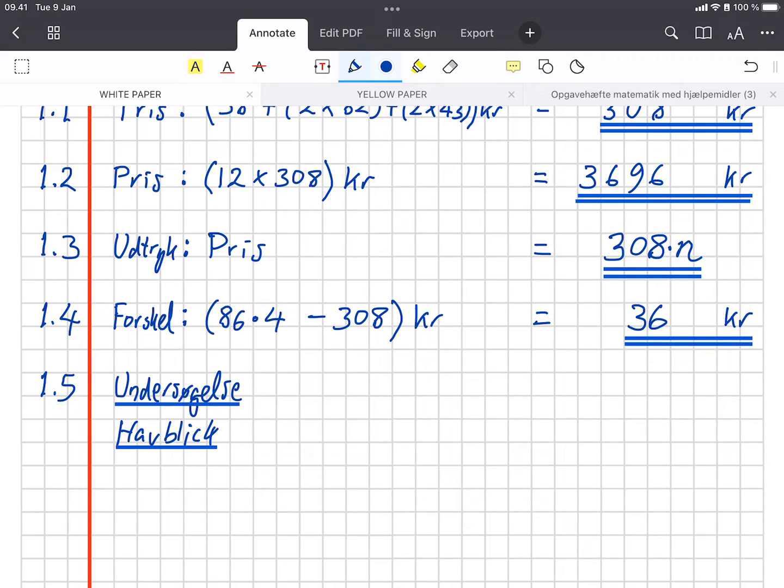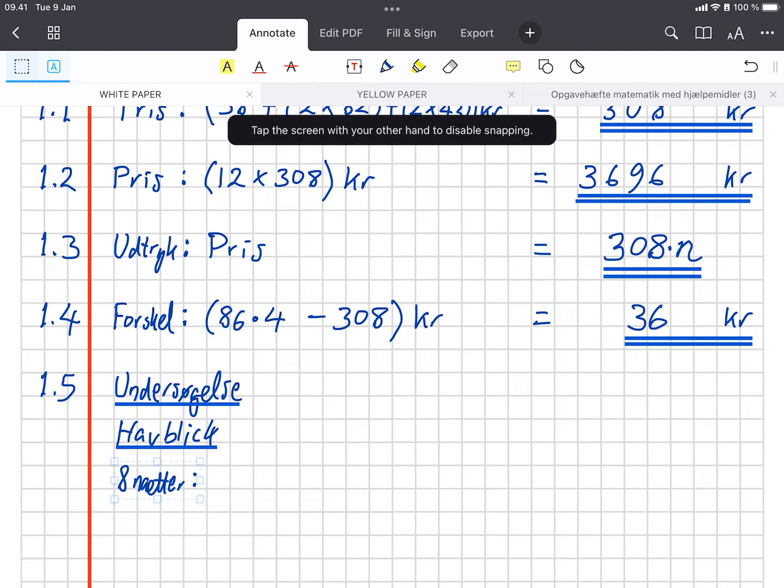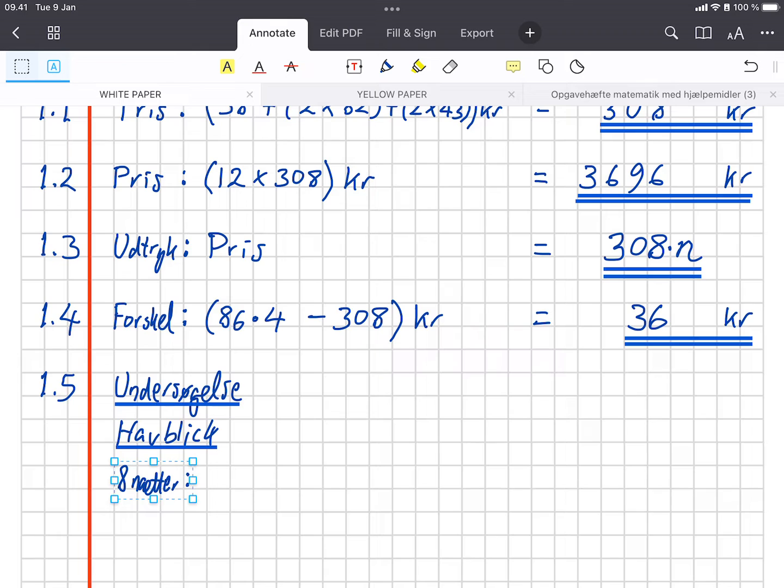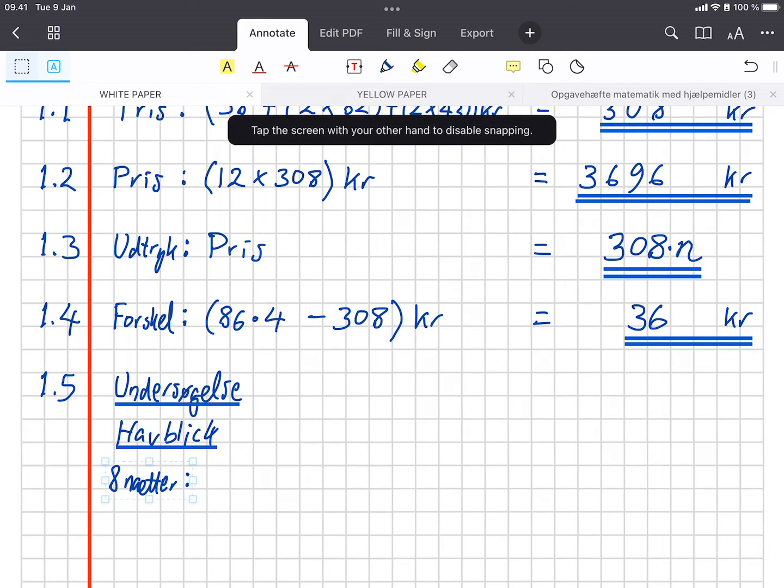And then I'm going to go back to my format that I had before. So I'm going to have 8 nights and then a colon, and then I'll squodge that up so that the colon lines up.